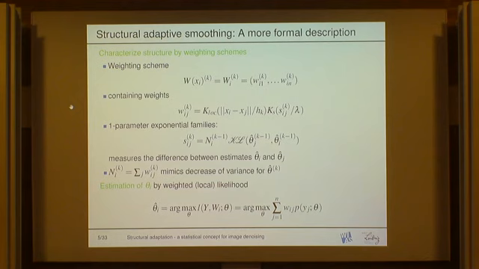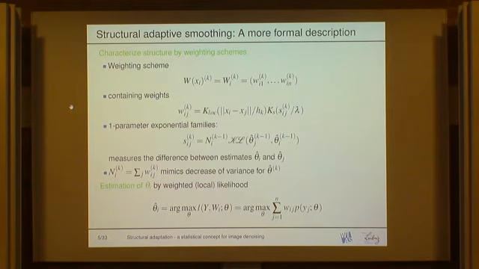So we characterize structure by weighting schemes. At each point in the design, point i or x_i, we have a weighting scheme w_i in step k. These weights are computed by combining two types of information.